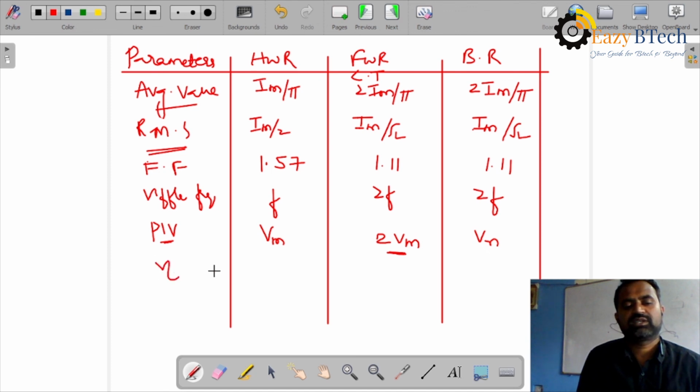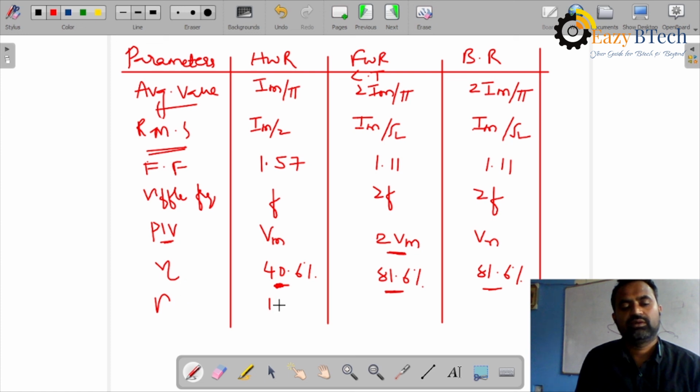Next, efficiency. Efficiency for this is 40.6, for this it is 81.6. In the same way, how we calculated the efficiency for half wave rectifier, in a similar manner we can calculate for the full wave rectifier. Okay. Next, efficiency completed. Ripple factor, very important, 1.21 ripple factor, and for this it is 0.485.